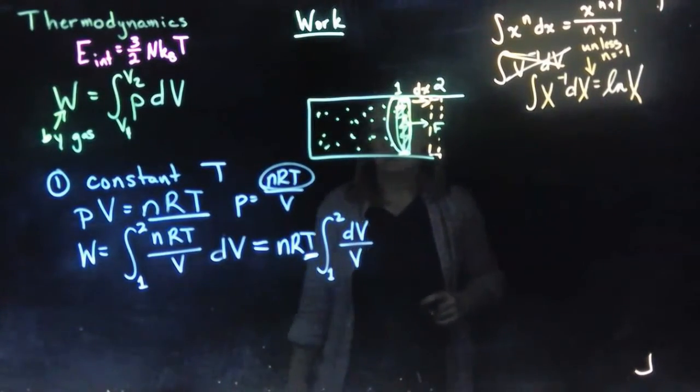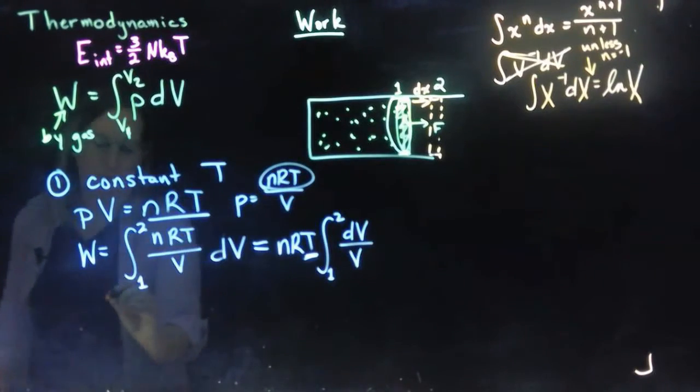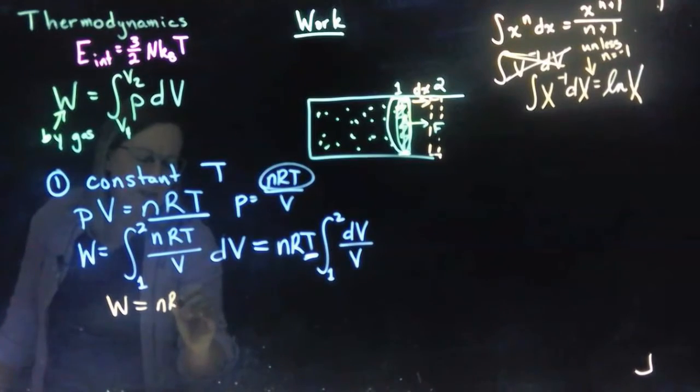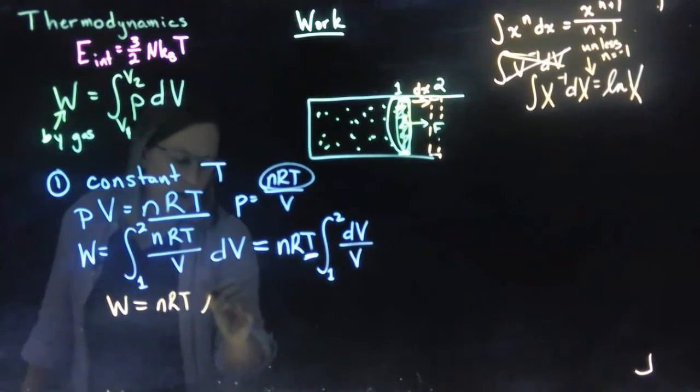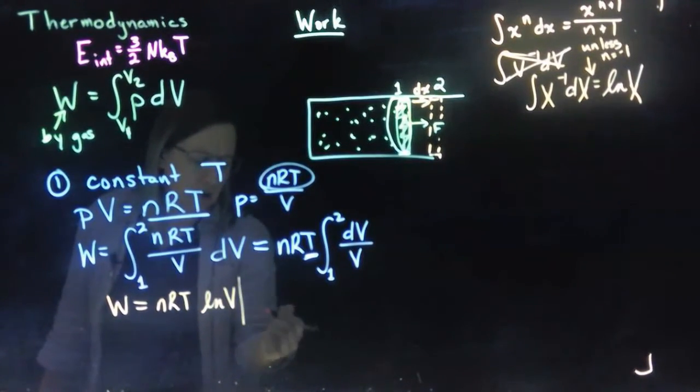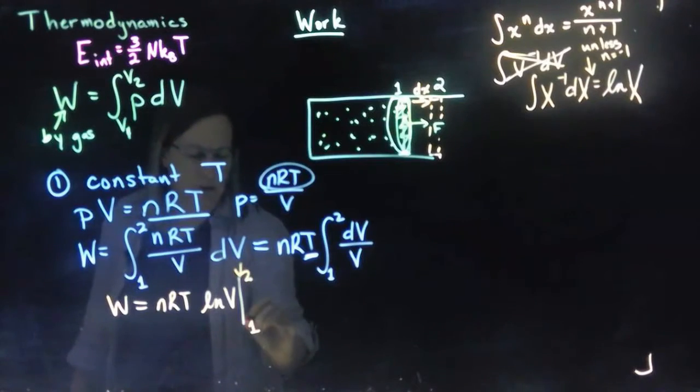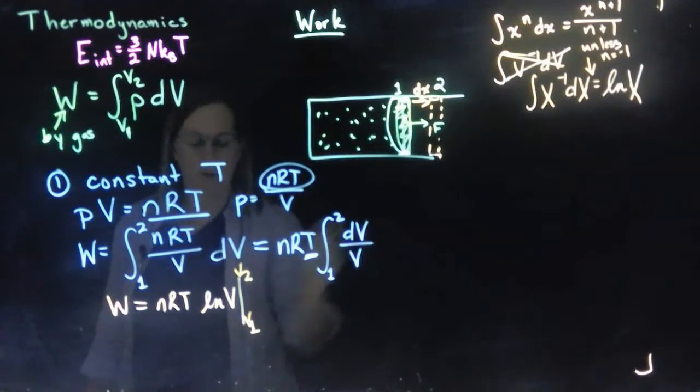Okay, so this work suddenly becomes, doing the integral, nRT that still sits out there, natural log of v evaluated from volume 1 to volume 2, the initial and the final.